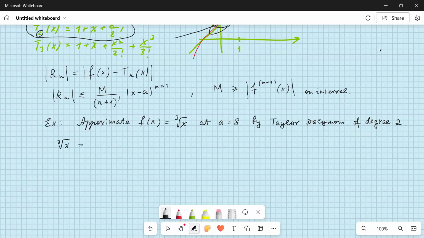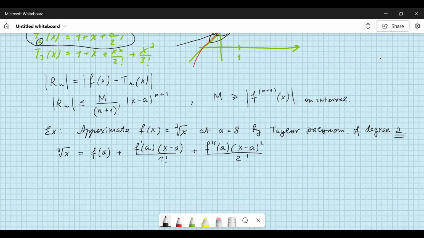It is going to be, according to the formula, f of a plus f prime of a times x minus a over 1 factorial plus f second derivative of a times x minus a squared over 2. And we don't need more terms because this is degree 2. So the highest degree of x is supposed to be 2. So we have just these 3 terms.